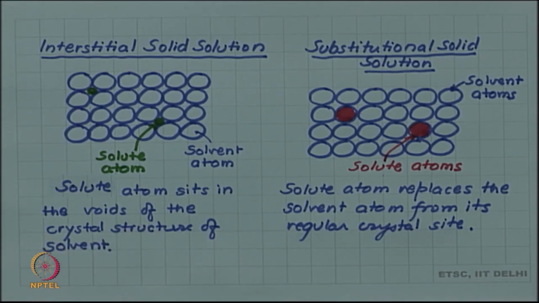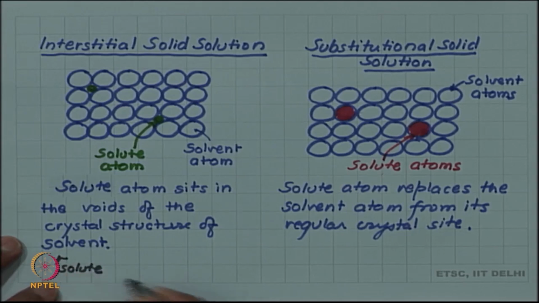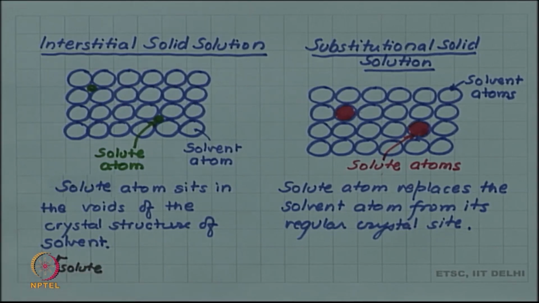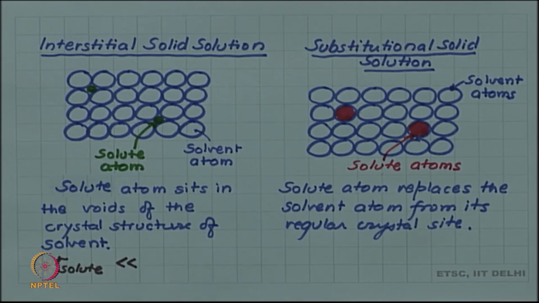One thing from this picture also is obvious and is true in reality, is that the radius of the solute atom, let us say R solute, since the solute atom has to fit in the voids, has to be significantly smaller than the radius of the solvent atom.